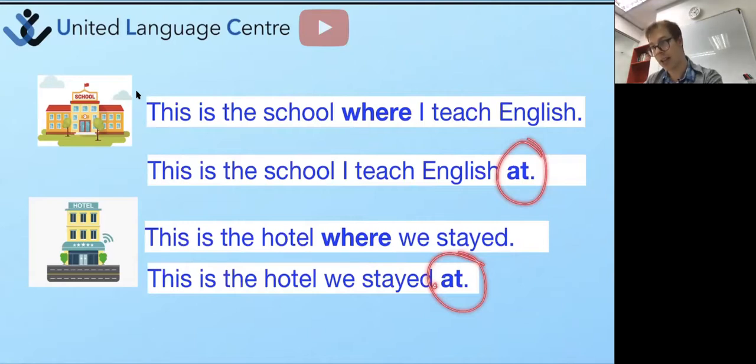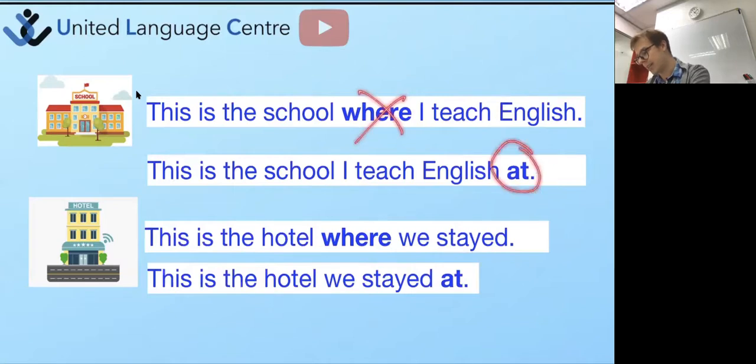Where we stayed at. So you see, what we can do is we don't actually need the where if we add a preposition to the end of the sentence. So the hotel we stayed at. The school, remember the school where I work? I can say the school I work at. So that's another trick for our where.